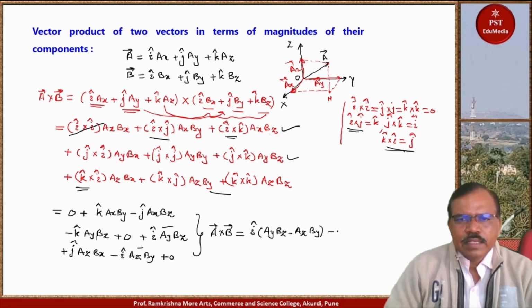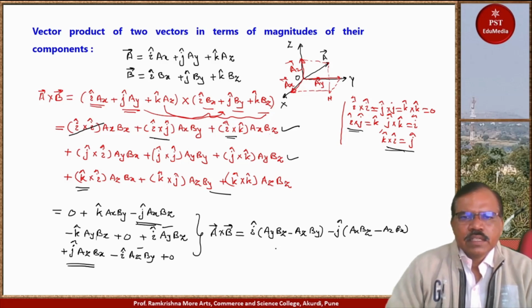I can take here minus J: AX BZ and here AZ BX, so we will get minus AZ BX because I have taken minus out. Plus K AX BY minus K AY BX.